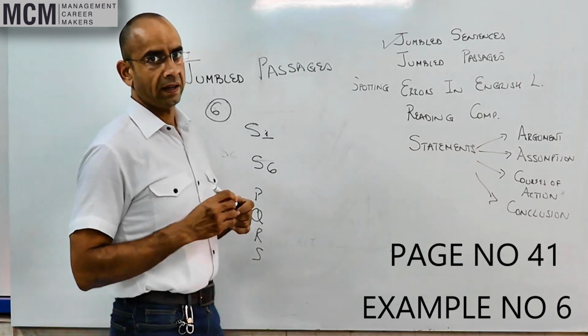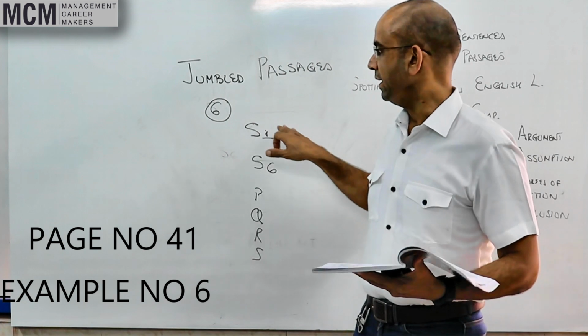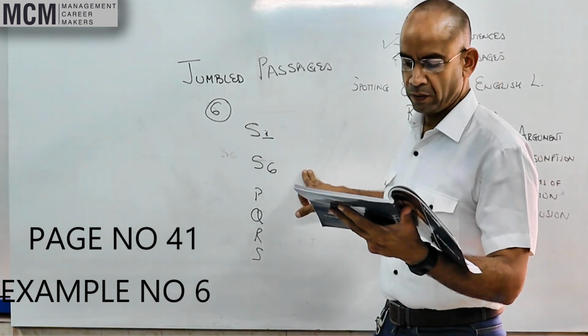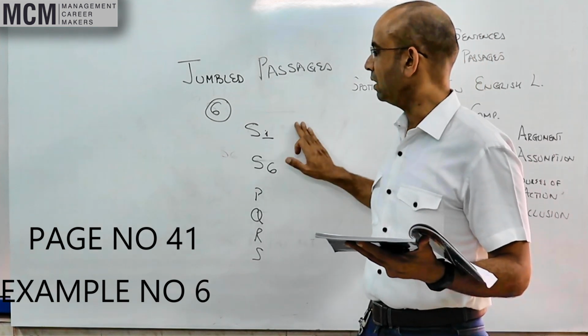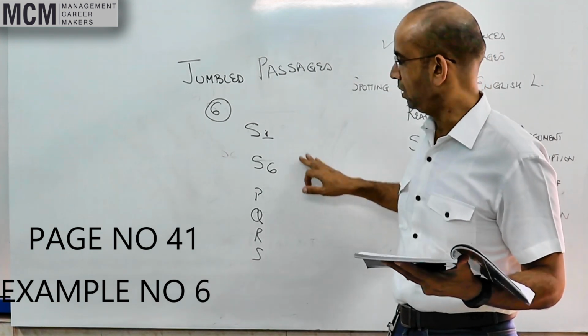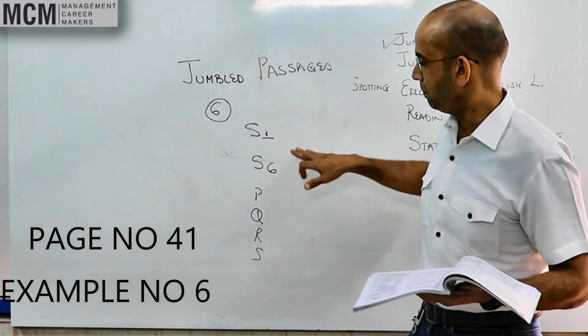I won't write what the content is, I'll just talk about it. S1, he could not rise. S6, it was colder than usual. So S1 starts the passage, S6 closes the passage. Alright, so that's your start. So look at the start. He could not rise. Think about PQRS.